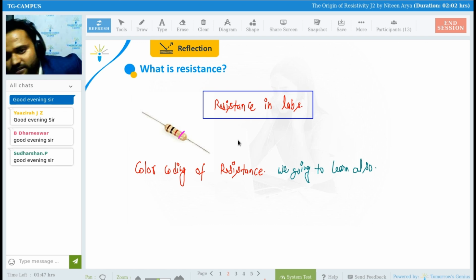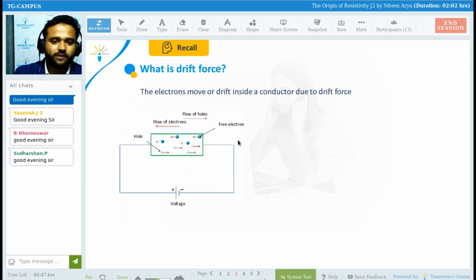You can define resistance in your own language: resistance is defined as the opposition applied by any particular material whenever there is a flow of electrons, or a flow of charge particles, in that material. Okay, so don't worry about the definition, because understanding is the main thing.